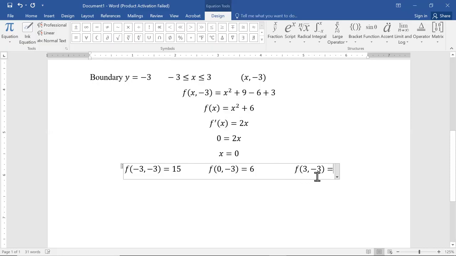And then plugging in 3, -3, again, just plug in there. I get 3 squared plus 9 minus 6 plus 3, which gives you a 15 again.